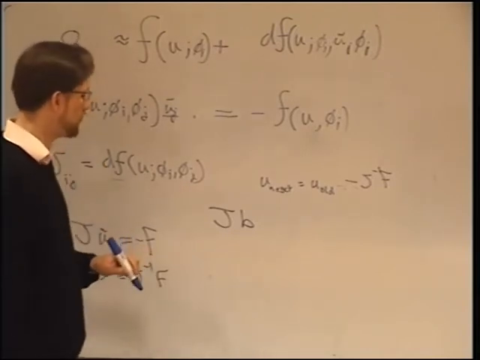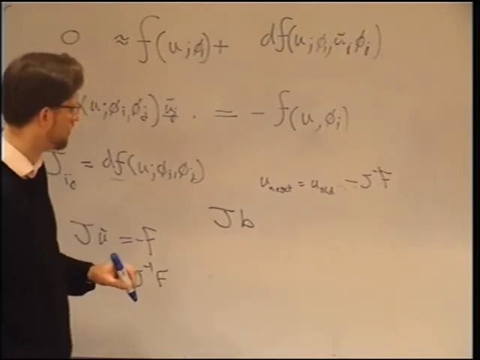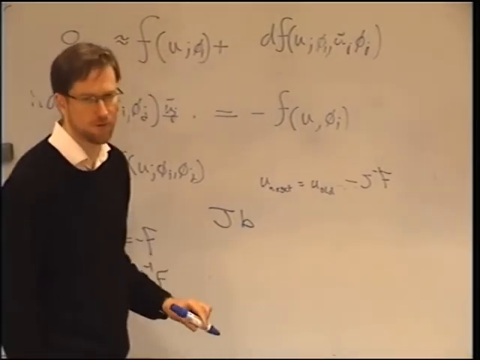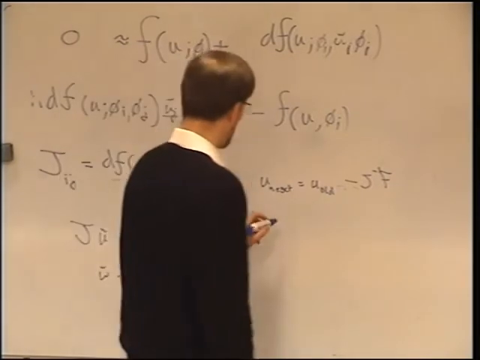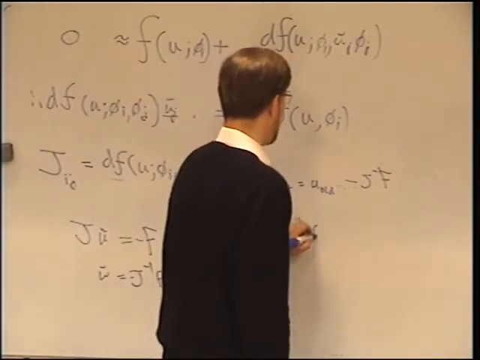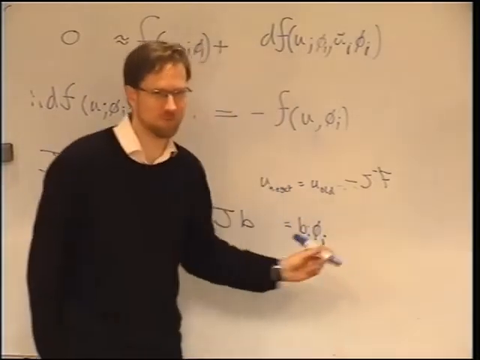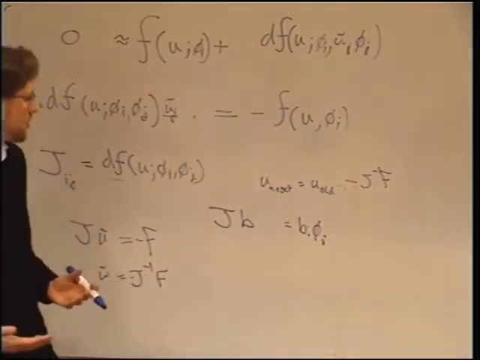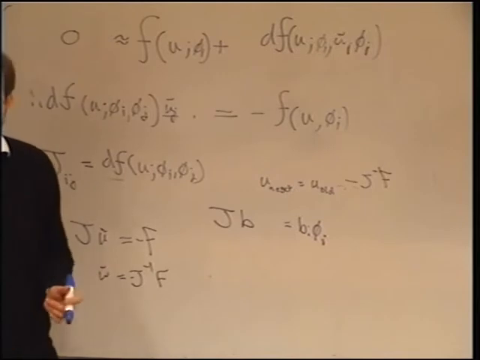So what I can do is I can back out what the function was, and backing out what the function was is easy. The function here is just b_i phi_i. That's what our function evaluate expansions mean.